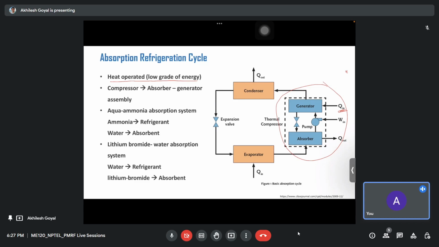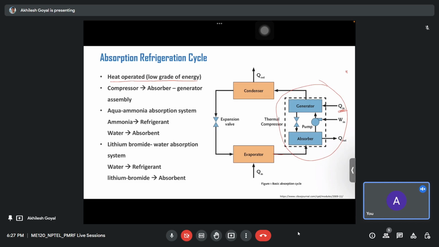What happens is, when the refrigerant comes out from the evaporator, it is at low pressure. At low pressure it has an affinity to get absorbed in the absorbent.